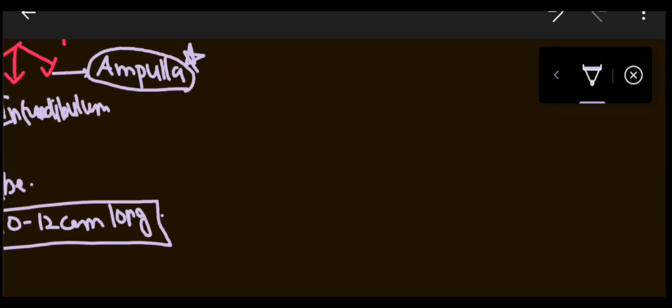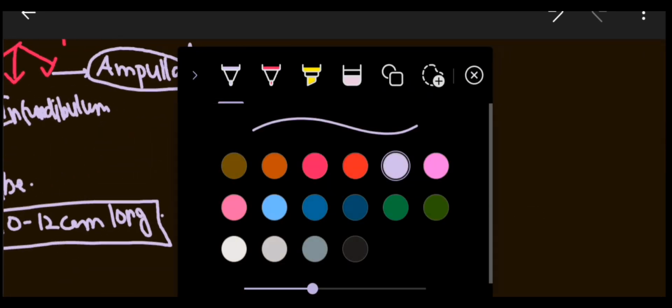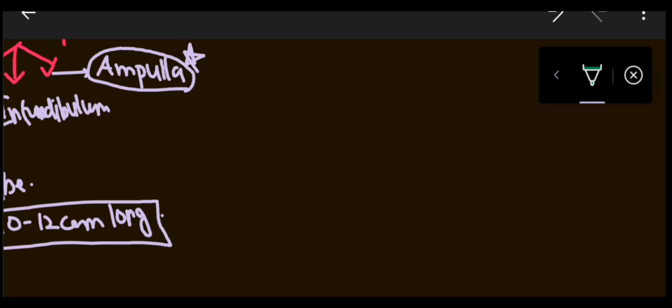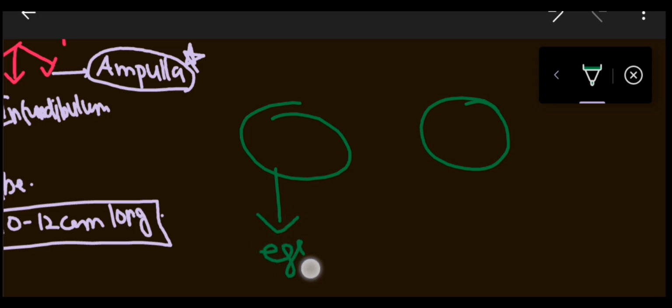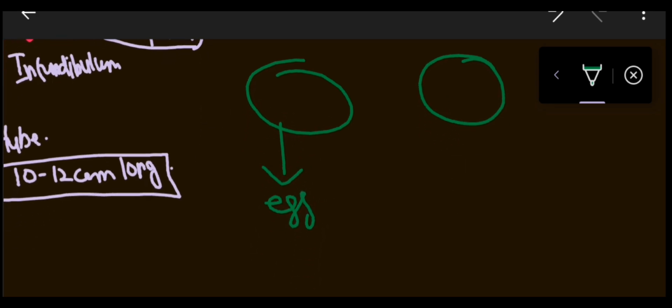उसके बाद हर जो हमारे पास एक एग होता है, ईच एग इज रिलीज फ्रॉम वन ओवरी. 2 ओवरीज हमारे पास होते हैं. एक एग एक ओवरी से रिलीज होता है. ठीक है.